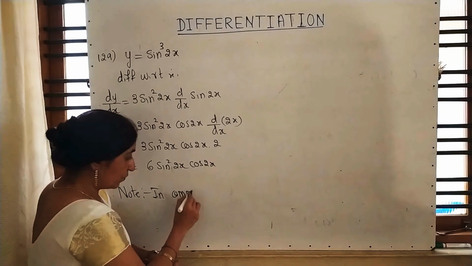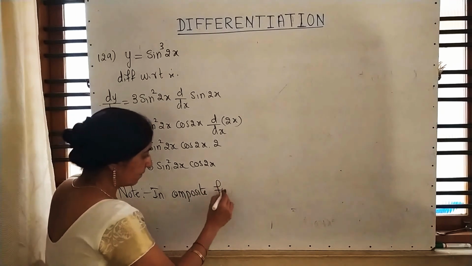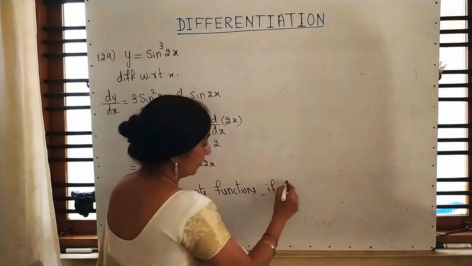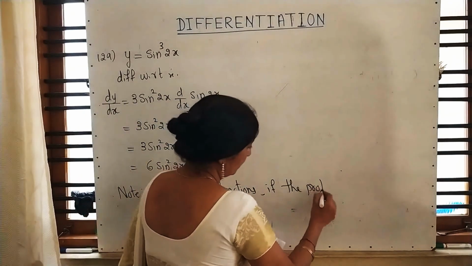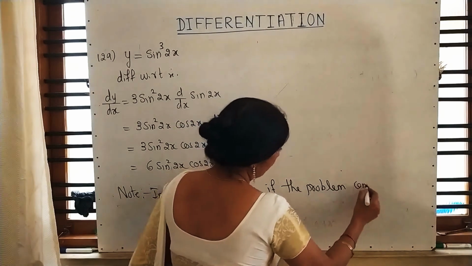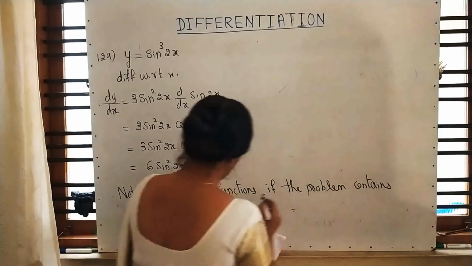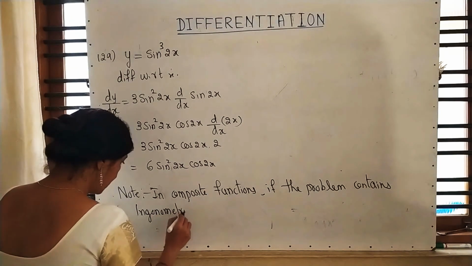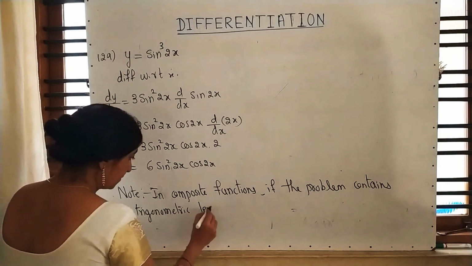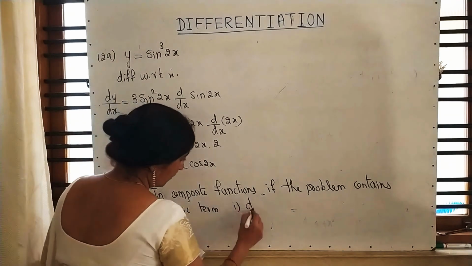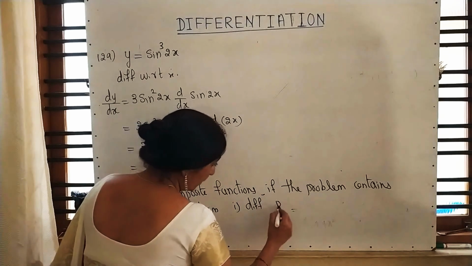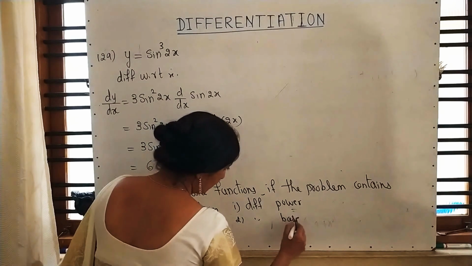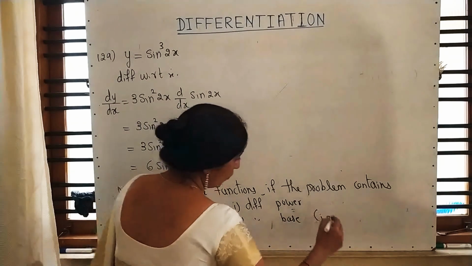In composite functions, if the problem contains a trigonometric term, first, differentiate the power. Second, differentiate the base, that is the trigonometric term.